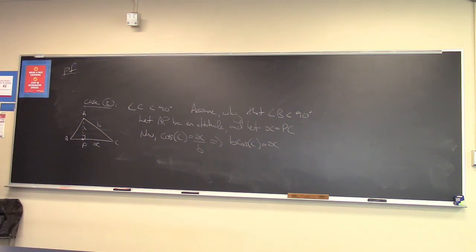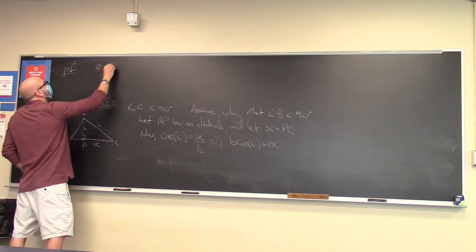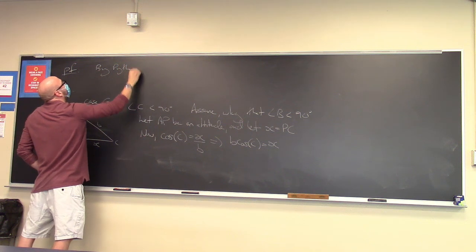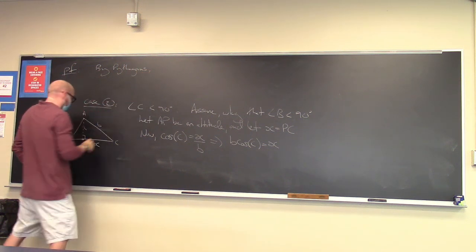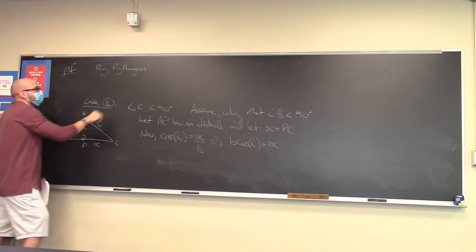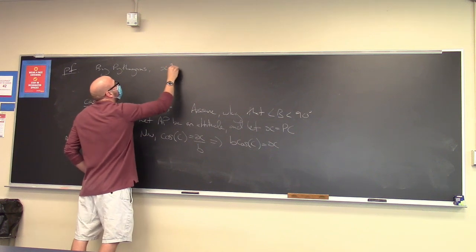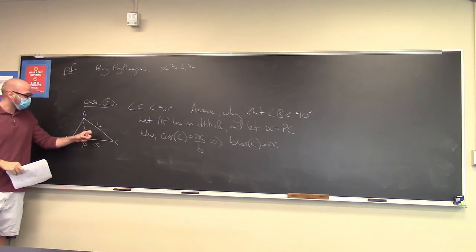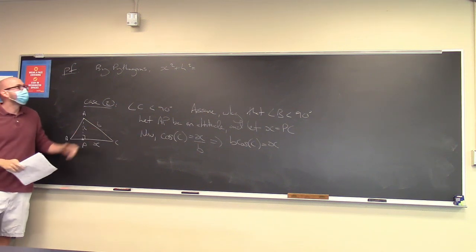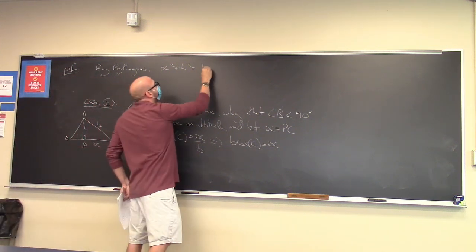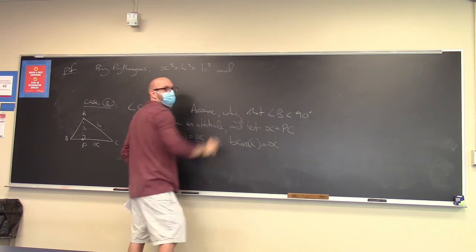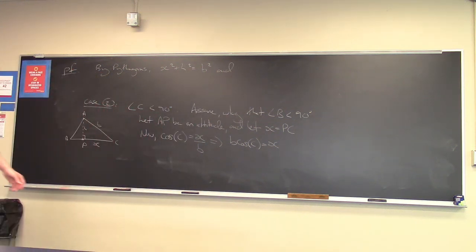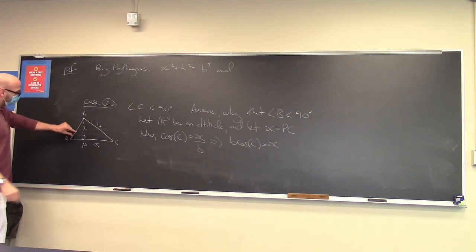And all we have to do now is invoke Pythagoras' theorem twice. So by Pythagoras, x squared plus h squared. What's that? Well, this is a right triangle, so x squared plus h squared is b squared. We'll do the exact same thing over here with this right triangle.